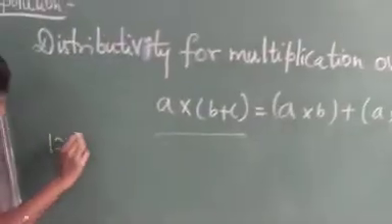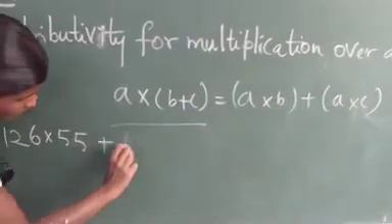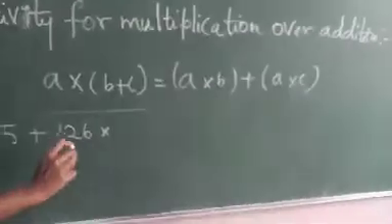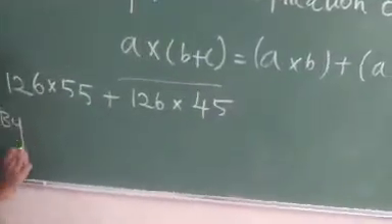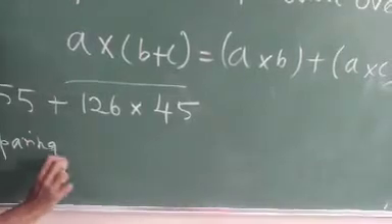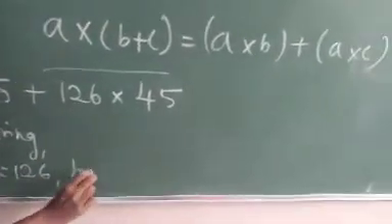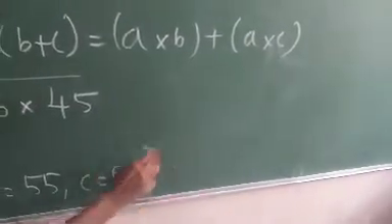So now you write the question 126 into 55 plus 126 into 45. By comparing, you write the A value takes 126, B value takes 55 and C value takes 45.